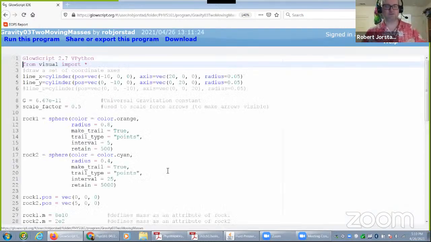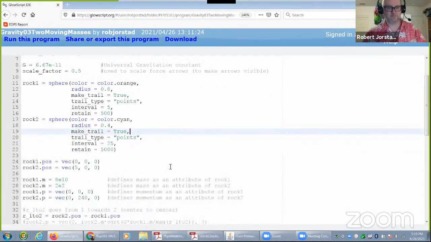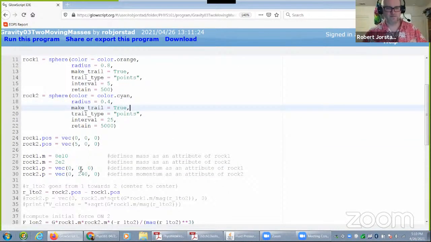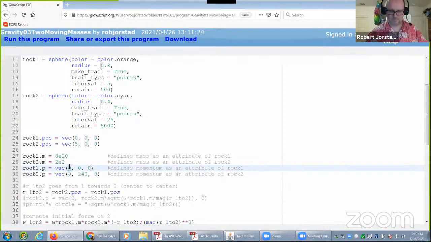But we could even do this one. Let me see if I've got this one. Let's say this one is, let's say this one's moving that direction. Let's see what this looks like.